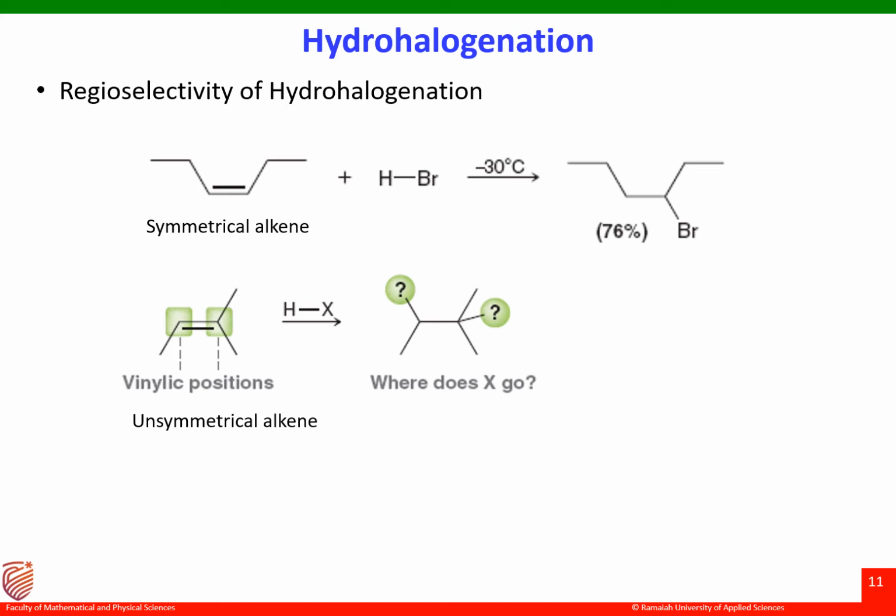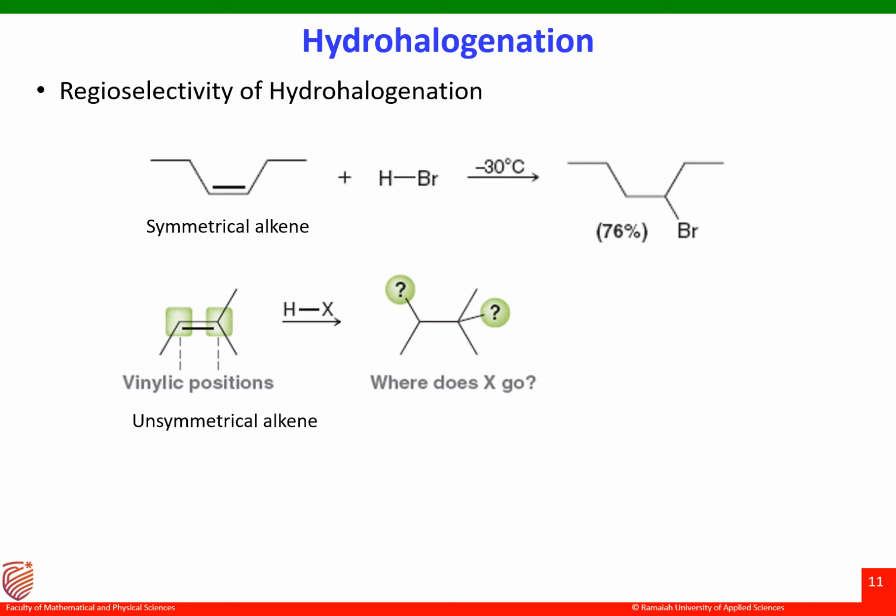It doesn't make much difference there because we end up with the same product. So the reaction is carried out at minus 30 degrees centigrade. As I said, addition reactions are generally preferred at a low temperature, leading to the formation of a monobromo substituted product. So herein hydrogen and bromine are added across a double bond.